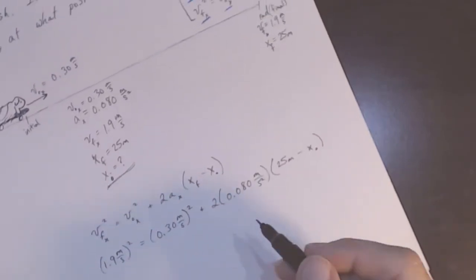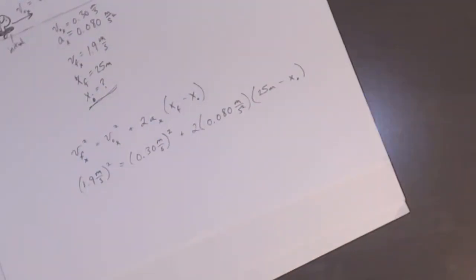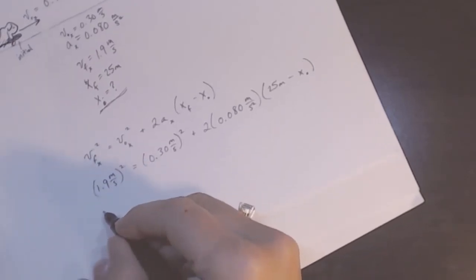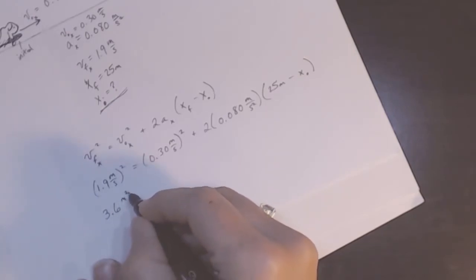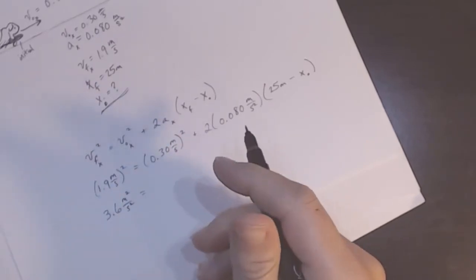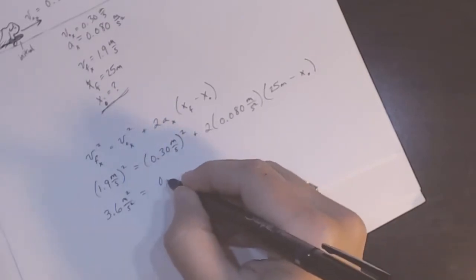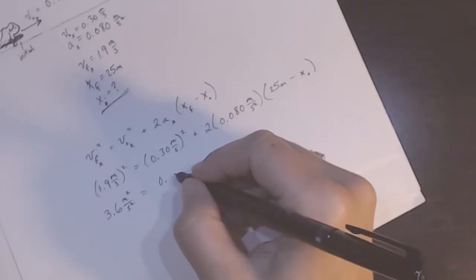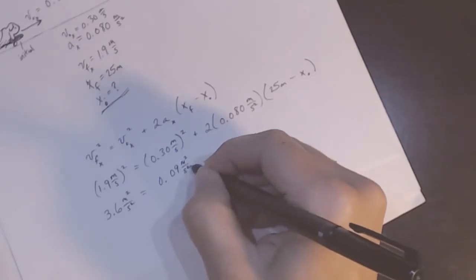Okay, and now I'm going to start solving this, and from here on out it's really just algebra, although keeping track of my units is really important. So 1.9 squared, use my calculator, I'm going to get 3.6 meters squared per second squared. I'm keeping sig figs to 2. And then 0.3 squared will be 0.09 meters squared per second squared.